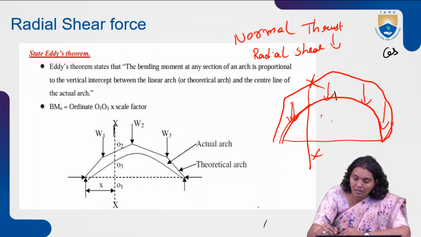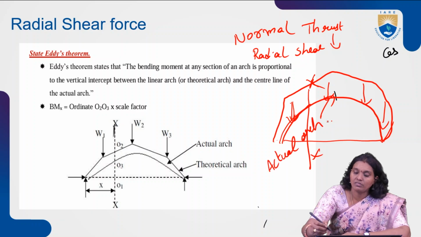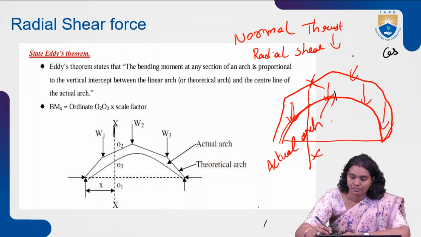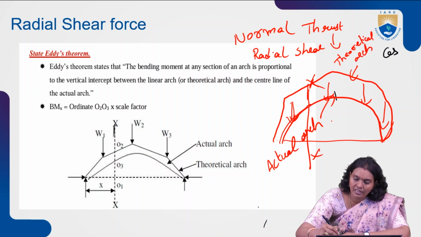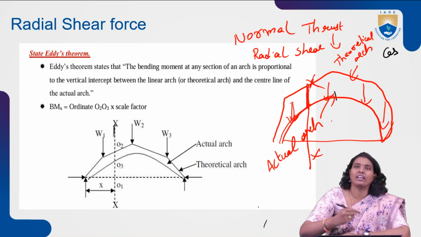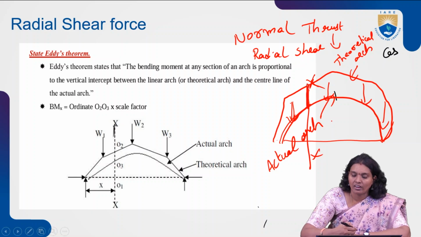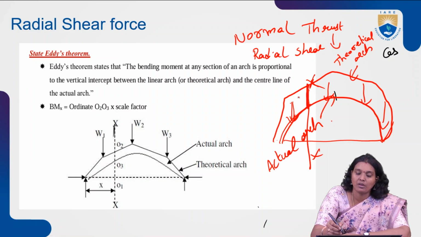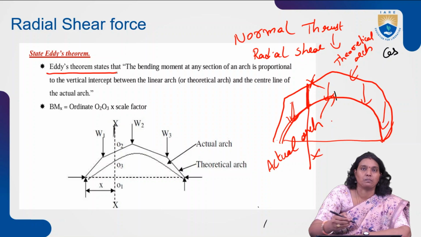This is the actual arch, and what we form based on the bending moment is the theoretical arch or linear arch. Those vertical ordinates are proportional to the bending moment. This is known as the statement of Eddy's theorem.